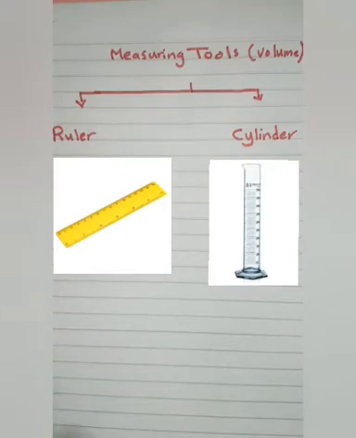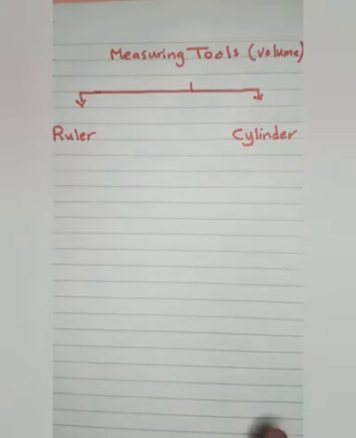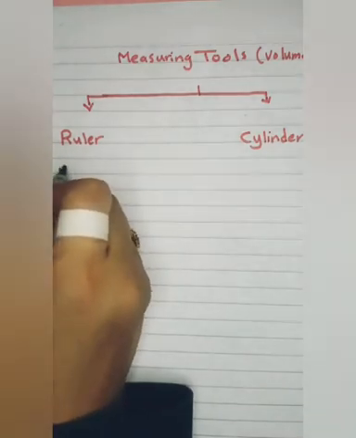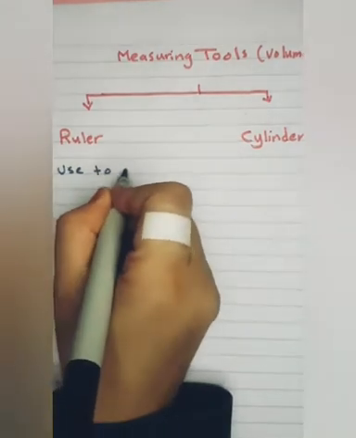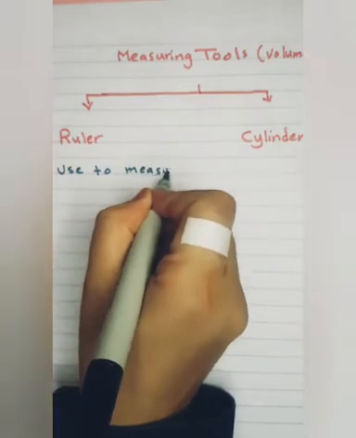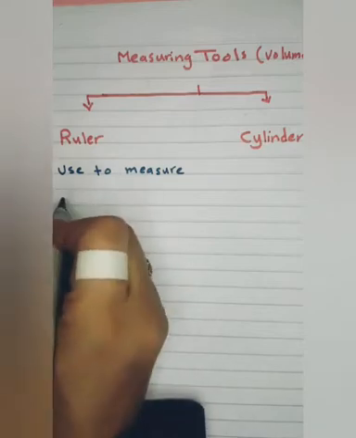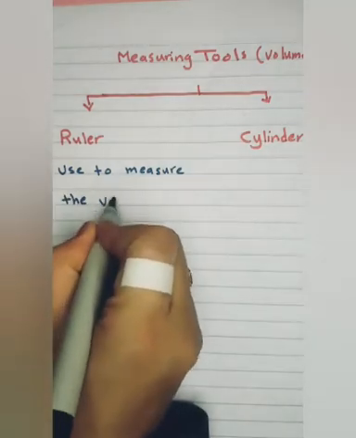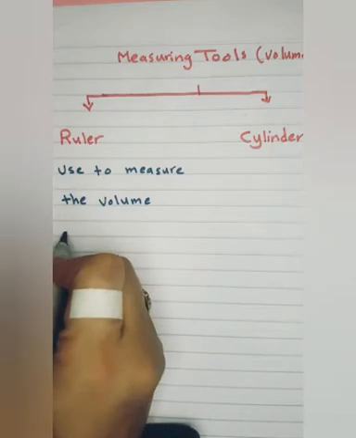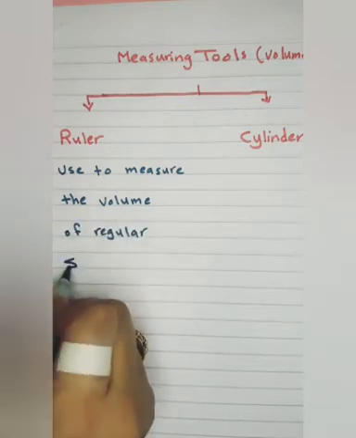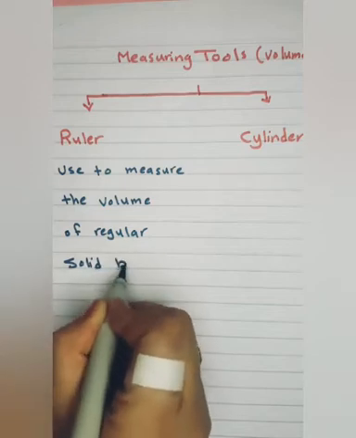يا ترى إمتى بستخدم الرولر وإمتى بستخدم السلندر؟ We use the ruler to measure, and I told you that measure means يقيس أو لقياس, the volume, حجم, of a regular solid body.